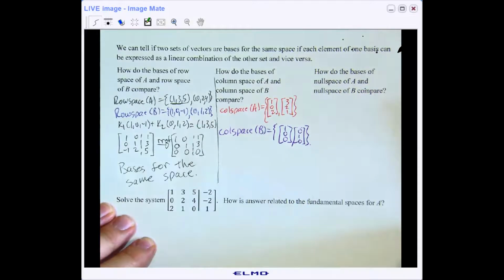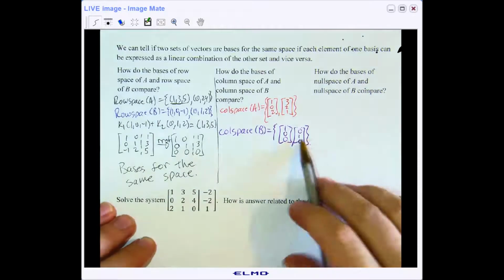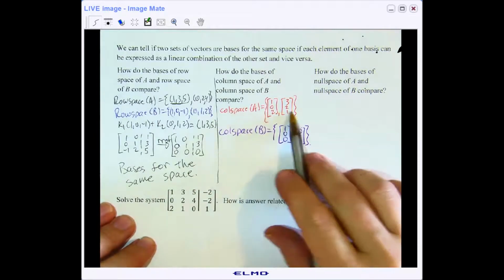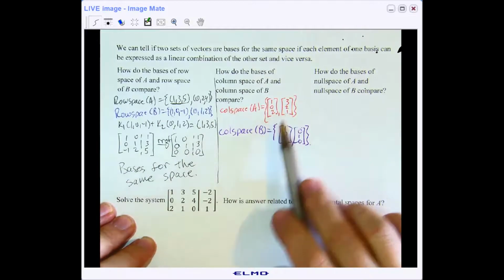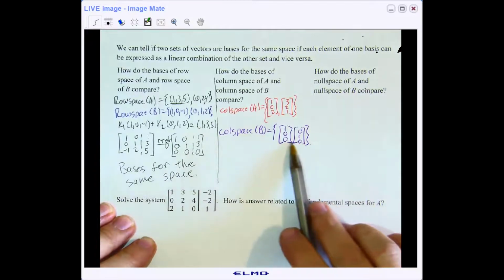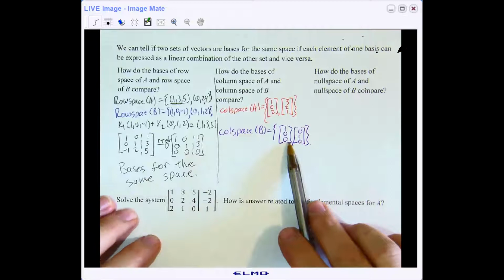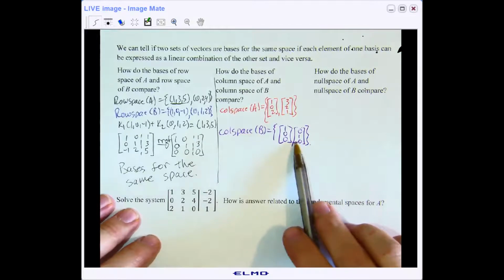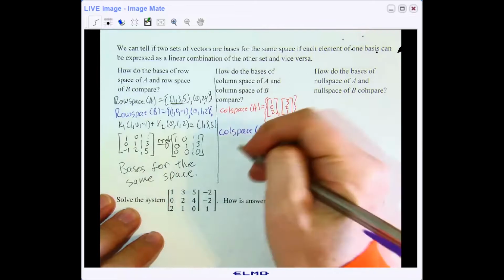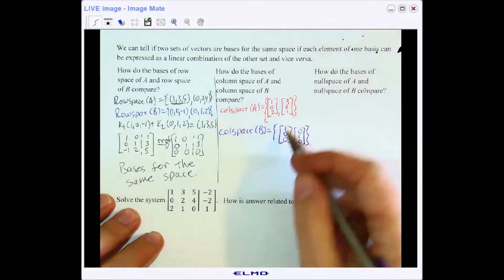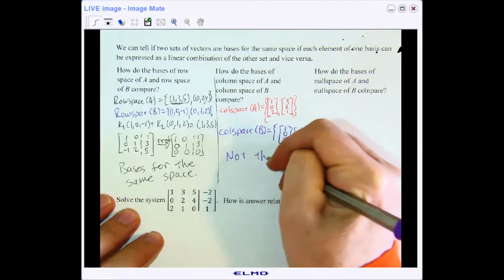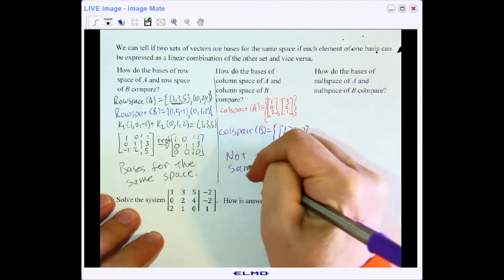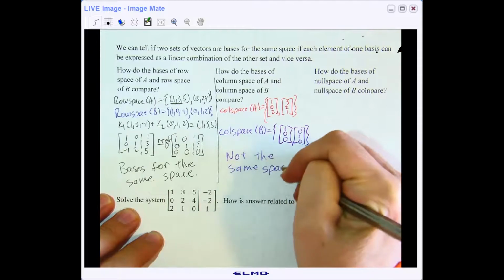And you can quickly look and see that in the column space of A, they have non-zero Z components, where in the column space of B, you could never make the Z be anything other than 0. So the column space of A basis and the column space of B basis are not the same space. That's interesting.